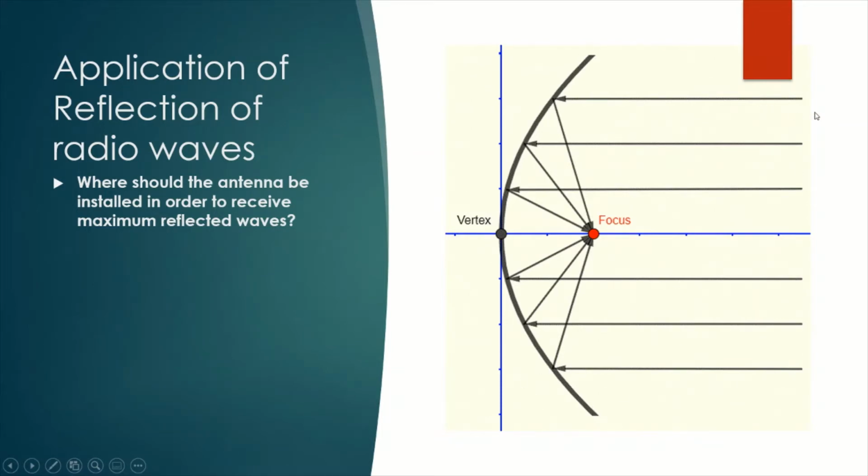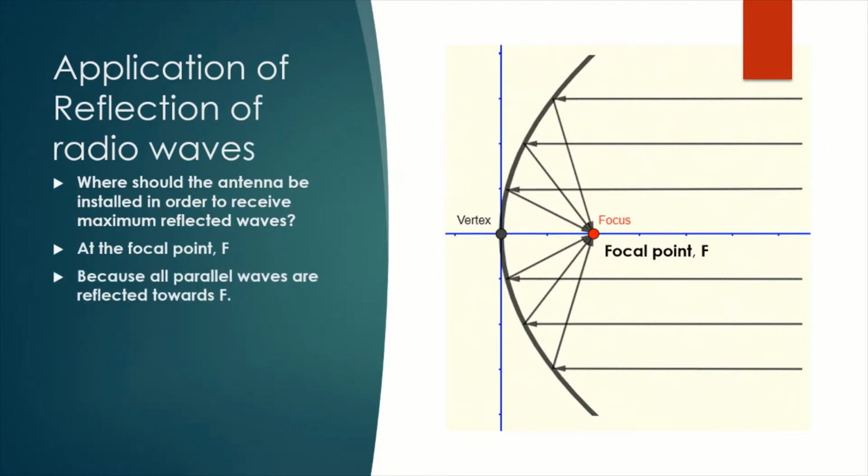So waves that come parallel will be reflected towards the principal focus or the focal point, right? So if we put the antenna here, waves that come from very far all come parallel, so they will all be reflected at the focal point, which is where the antenna and the receiver is. Therefore, maximum wave is received.